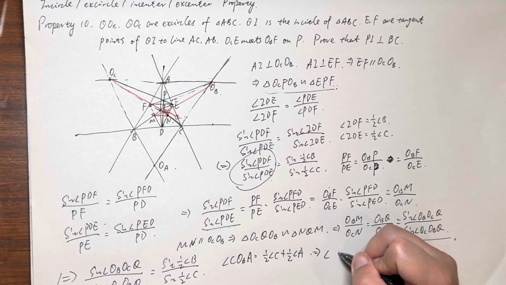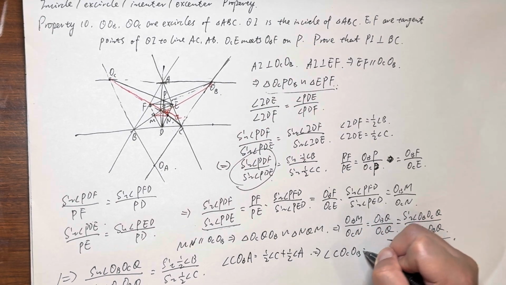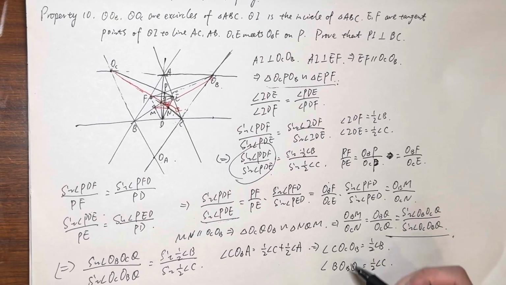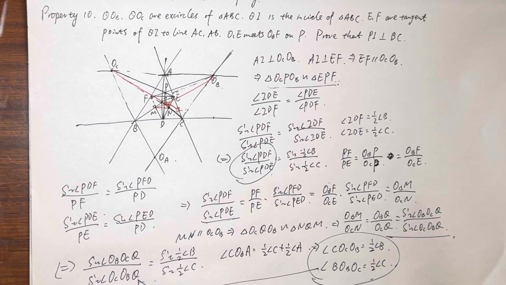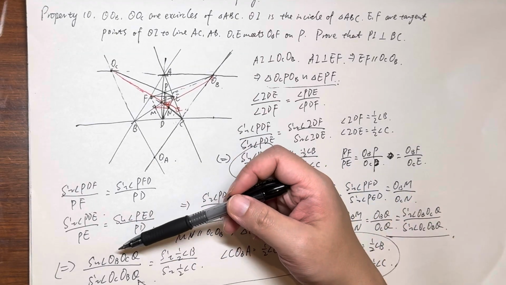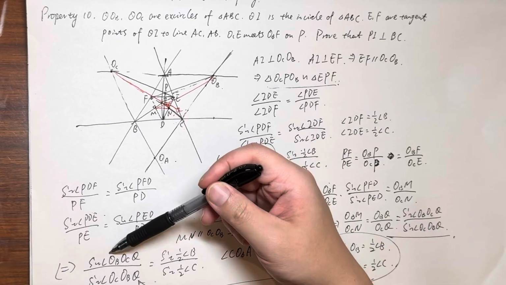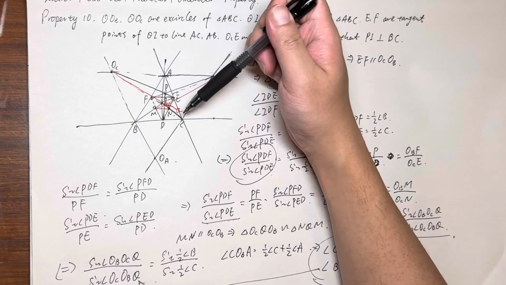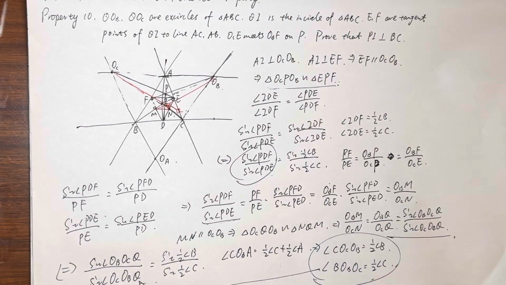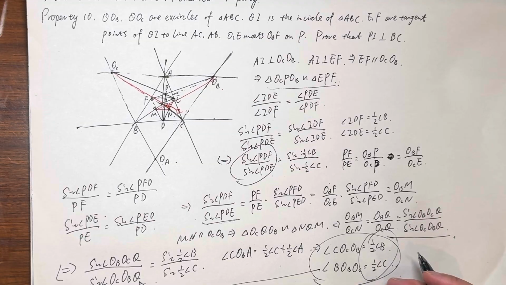That means the angle COCOB equals half of angle B, right? 90 degrees minus this one, that's half of angle B. Similarly, we can get the angle BOBOC is half of angle C. Then, if you look at this one, get back to here, the angle COCOB, that is the angle QOCOB, right? Because Q is I, right? COCOB, that's Q or IOCOB, and equals this one. So we directly prove that.